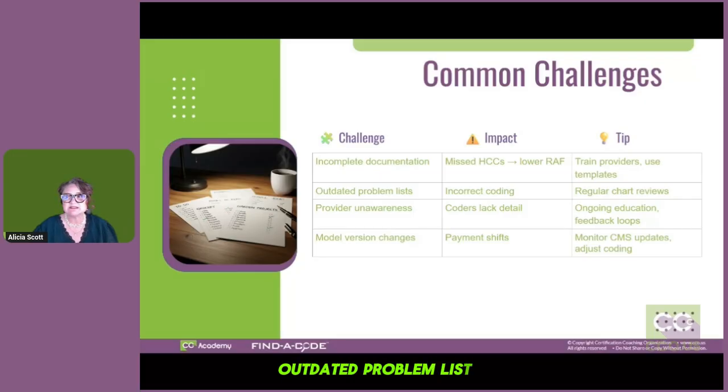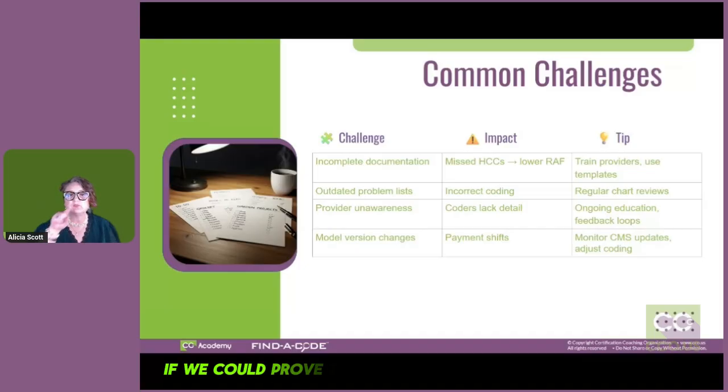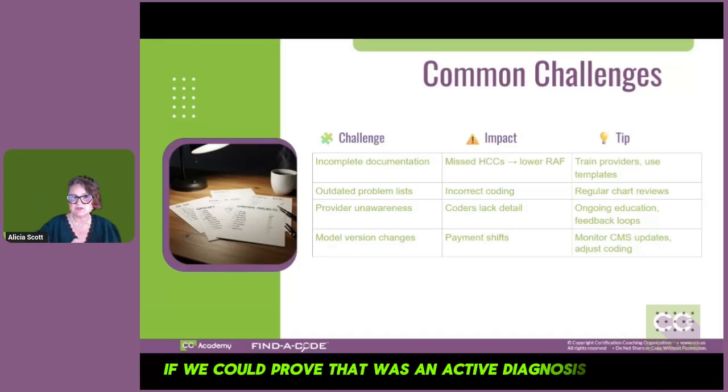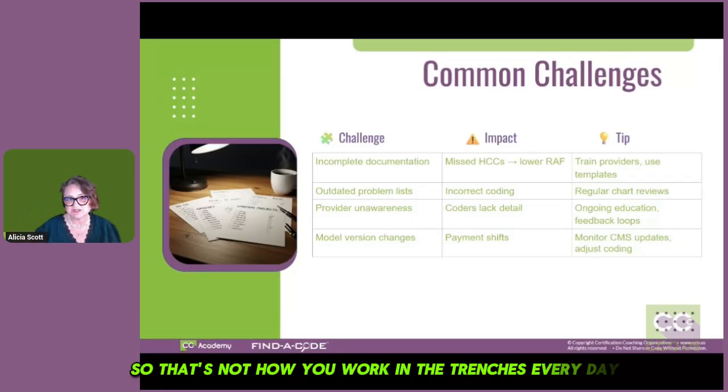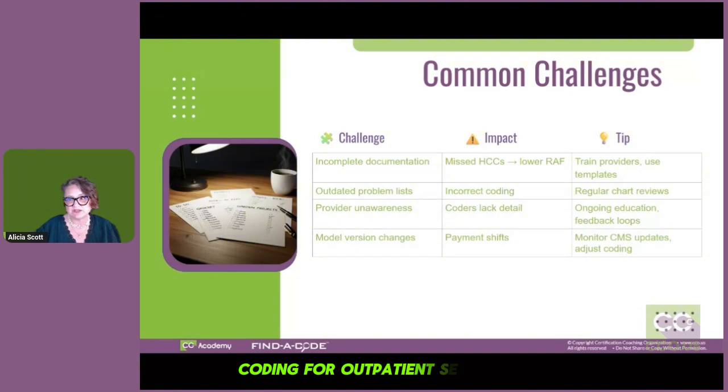Outdated problem lists. We could code from the problem list if we could prove that was an active diagnosis. So that's not how you work in the trenches every day coding for outpatient services. You're just coding for what was being done that day for that patient.